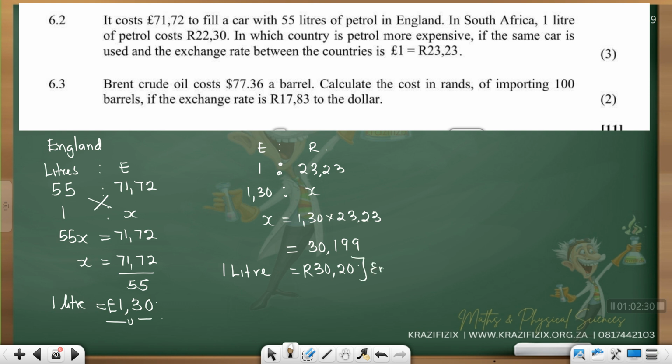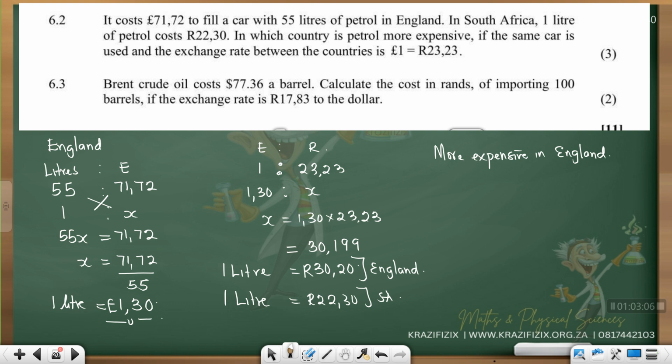This is in England. But that same 1 litre is 22 rand 30 cents in South Africa. In which country is it cheaper? Or the question says, in which country is it more expensive? It is more expensive in England. So when you are comparing, you bring everything to the same value.